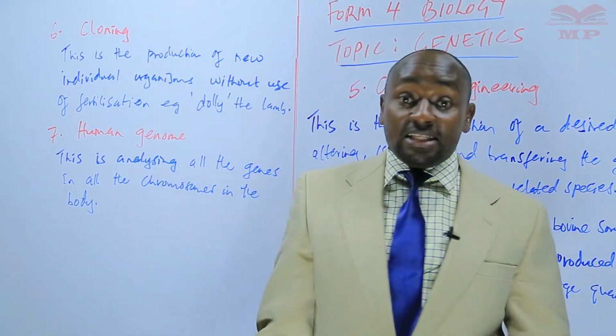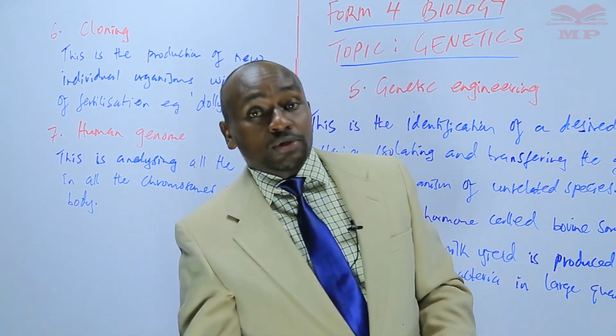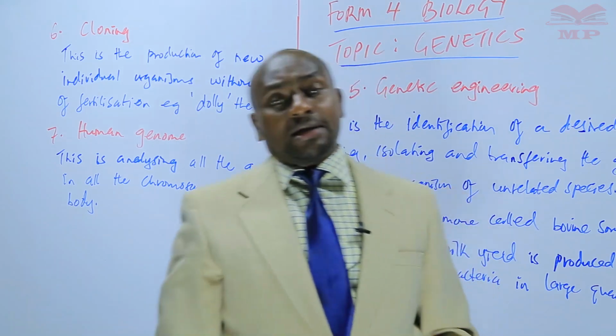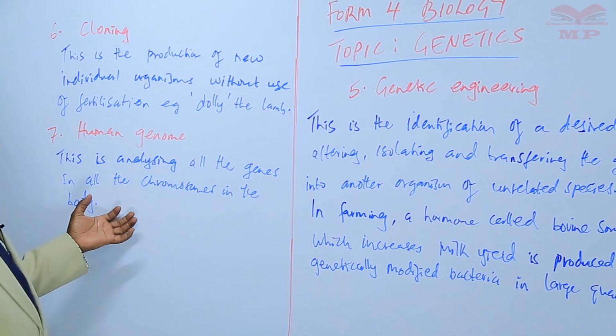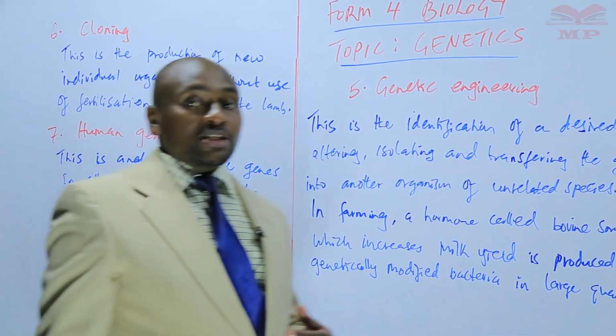For example, the gene that causes cystic fibrosis, the gene that causes maybe sickle cell anemia, where it occurs. And that one will help in, for example, what we call gene mapping or gene sequencing.